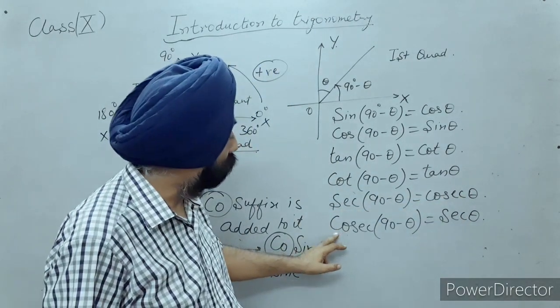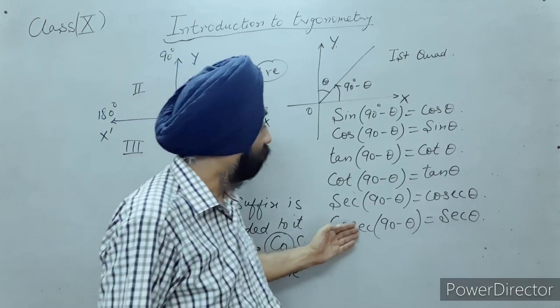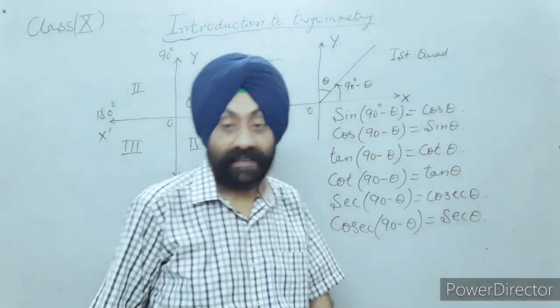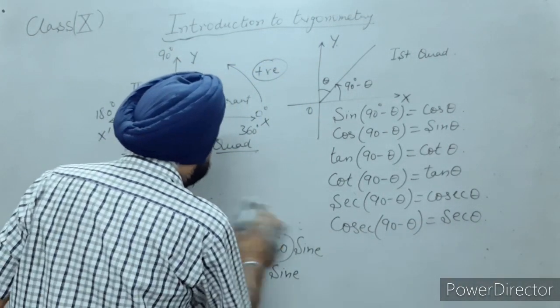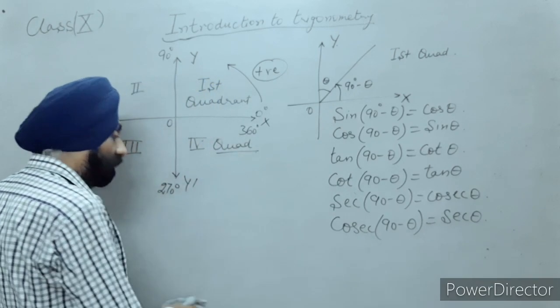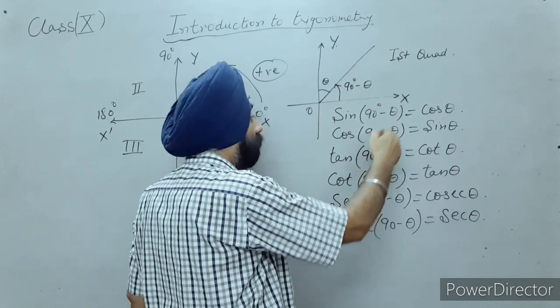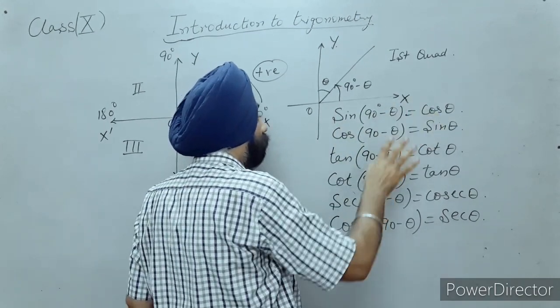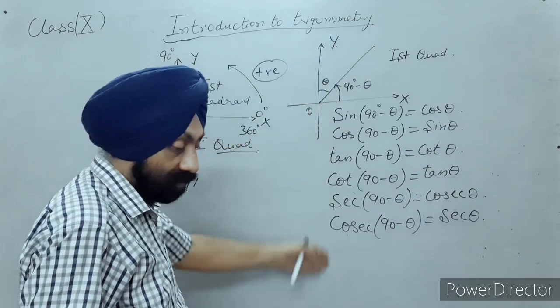The last one is cosecant, the suffix co is already there, we remove it, it becomes secant of theta. Hope you have understood this. It's a very simple thing. If the co suffix is not there, add it. If the co suffix is already there, remove it. We get sine 90 minus theta is cos theta, cos 90 minus theta is sine theta, and so on.